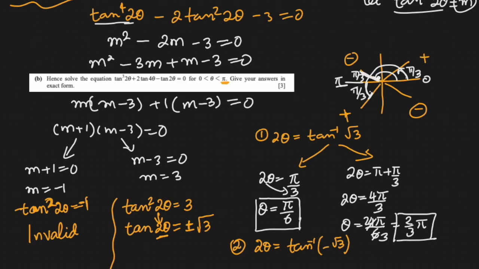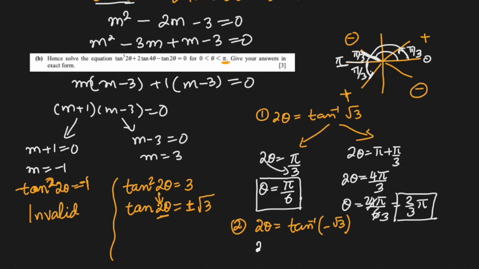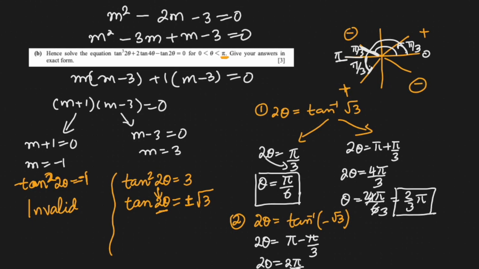That will be this answer, the third one, which is 2 theta equal to pi minus pi by 3, which is 2 pi by 3. 2 theta equal to 2 pi by 3. Cross multiply. 2 will multiply, yes. So it will become 2 pi by 6. Or cancel again, which is pi by 3. 1 over 3 pi is your third answer.